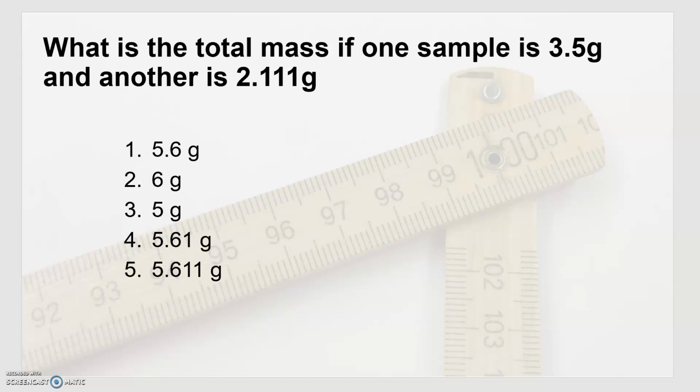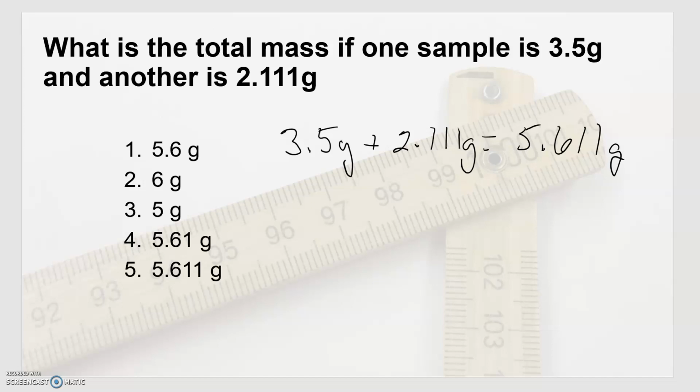So here's another example. What is the total mass? So we need to add these together. So if we add, one sample is 3.5 grams and another is 2.111 grams, we are going to get 5.611. Okay, but we have to go back to our numbers and look at the lowest number of decimal places.